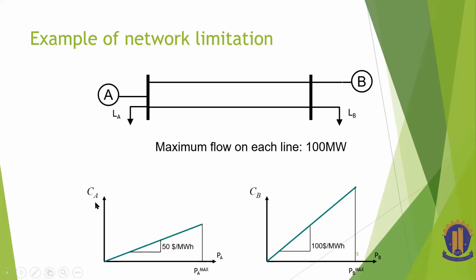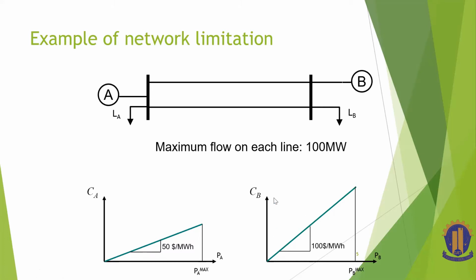The cost function for generator A is shown in the bottom left corner. The generation cost from this generator is $50 per megawatt hour. And the maximum limit of this generator A is PA max. Certainly there is a limitation of the maximum power it can supply.